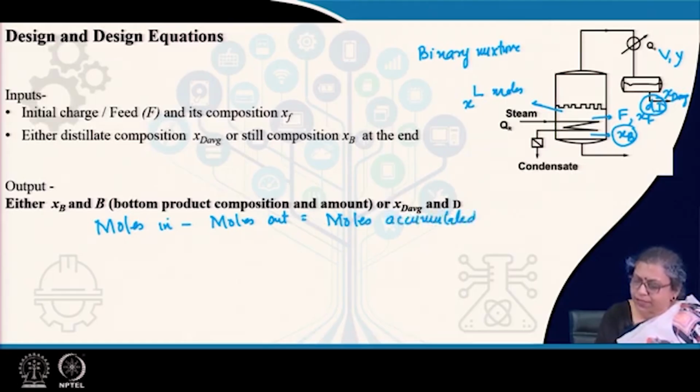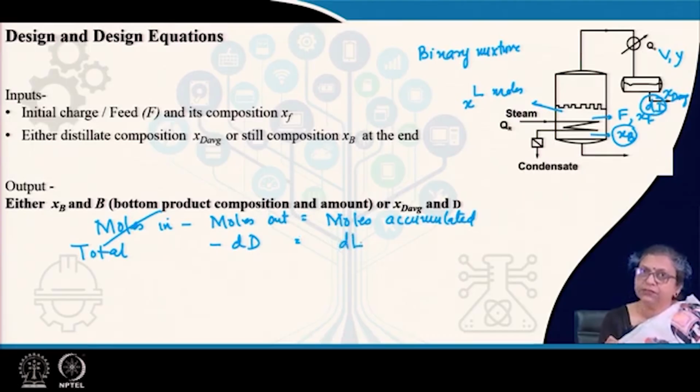In this particular case, we do not have any moles in. Therefore, moles accumulated will be equal to minus moles out. If I do the total material balance, what is the moles out? dD amount at that particular instant of time. What is the moles accumulated? dL for that instant of time.